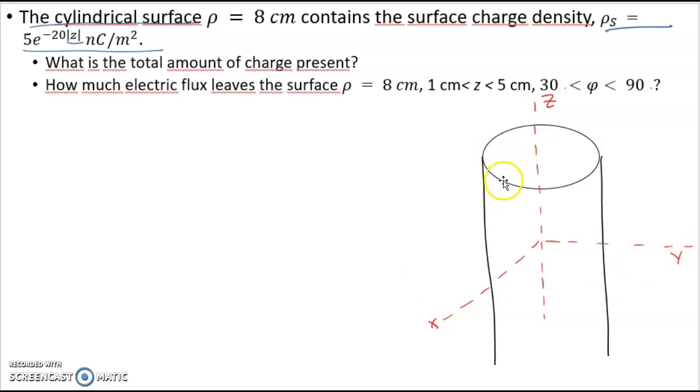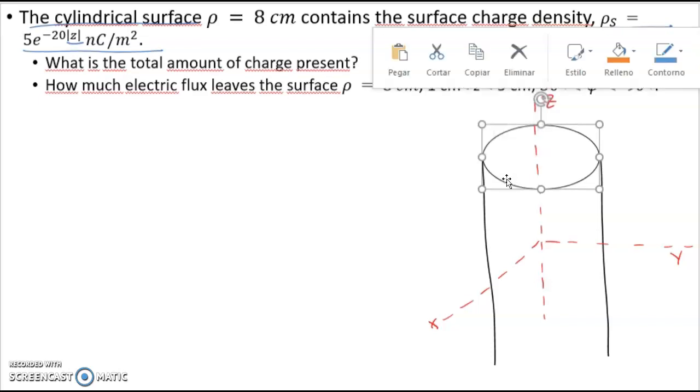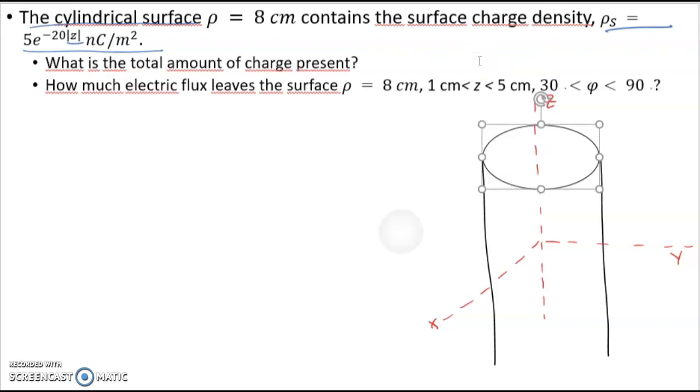Now, to make it more appealing, let's just say that it goes from one side to the other, up and down along the z-axis.